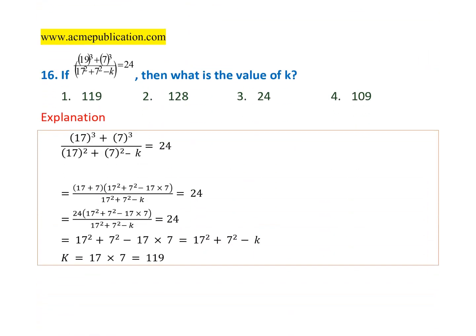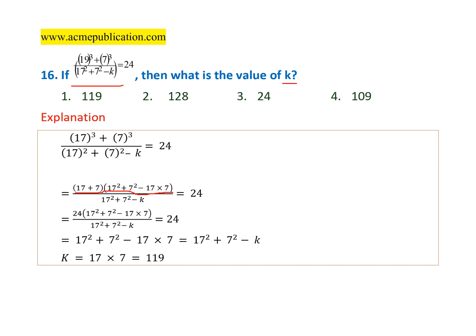Question 16. If this is the equation, then what is the value of k? In this question we will use the formula of a cube plus b cube, that is equal to a plus b into a square minus ab plus b square.